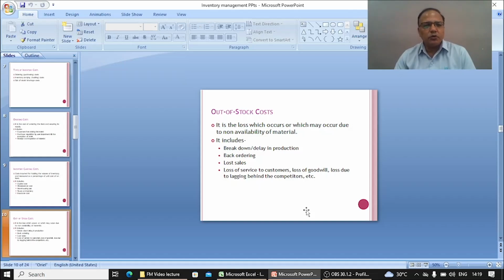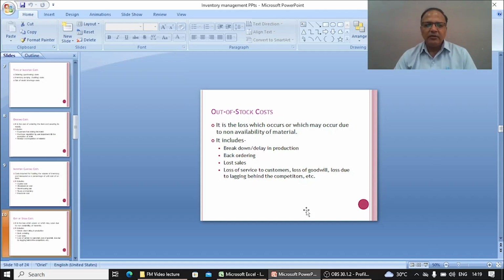Now, the third type of cost is out of stock cost. It is the loss which occurs or which may occur due to non-availability of material.